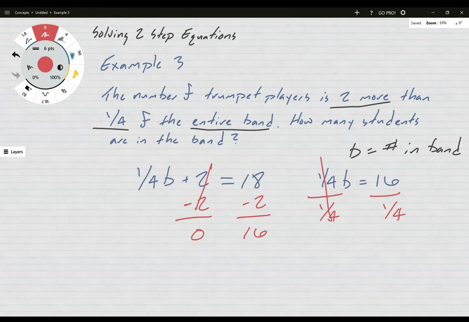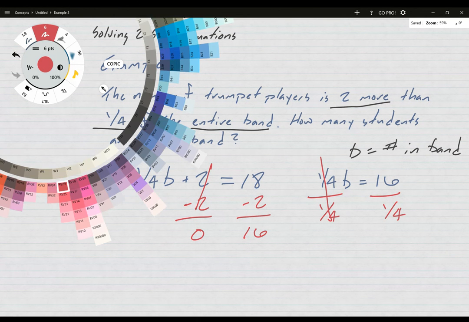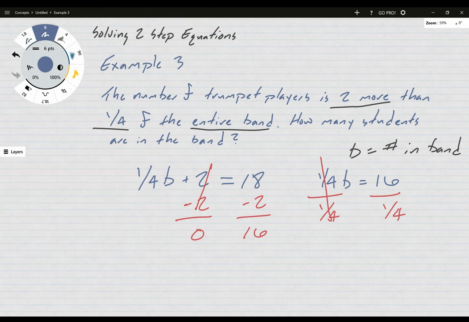16 divided by 1/4. So if we go all the way back to topic 1 for our integers unit, we talked about how dividing is the same thing as multiplying by its reciprocal. So the reciprocal of 1/4 is actually 4. So dividing 16 by 1/4 is the same thing as saying 16 multiplied by 4/1.